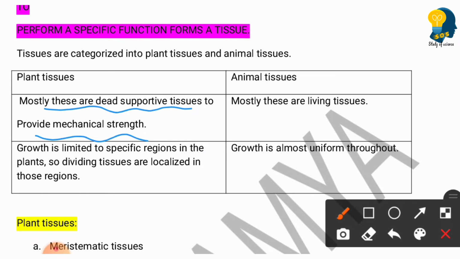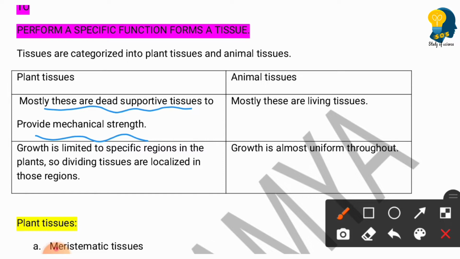When I say supportive tissues, that means they provide support to the plant, because the plants are fixed at one position. That is the reason the plants need support. So most of the plant tissues are dead supportive tissues, and these tissues provide strength to the plant. And for the plant it is okay even though their tissues are dead.